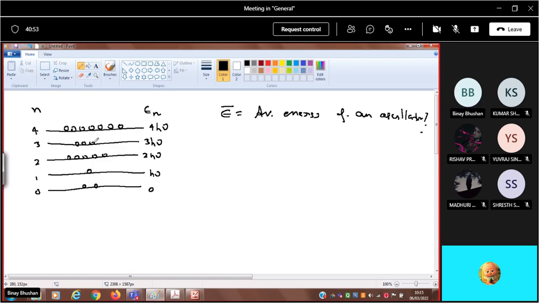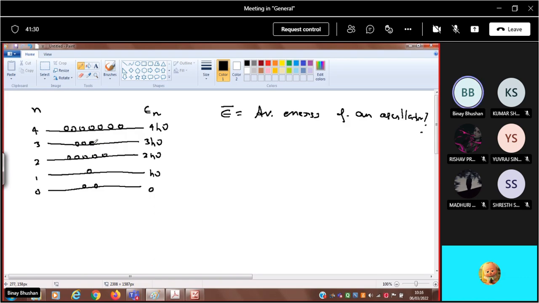Now, Yuvraj, you should tell, where is my mouse pointer? At n equal to 3. So there are 3 oscillators in the third energy level. So what will be the energy of each oscillator in this level? 3h nu.